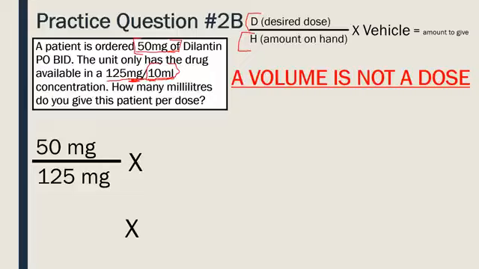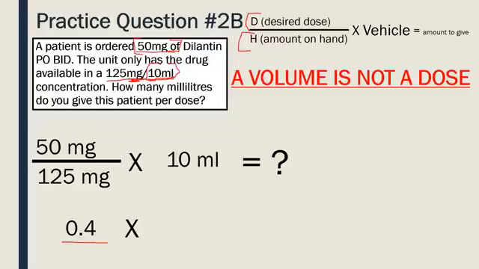The vehicle in this case is 10 milliliters instead of the 5 milliliters we saw in the last question. So this is our formula, and then we just solve it. 50 divided by 125 is 0.4. Once again, nothing has changed.